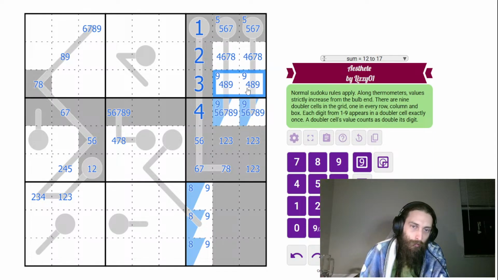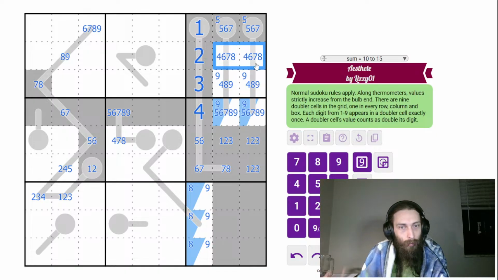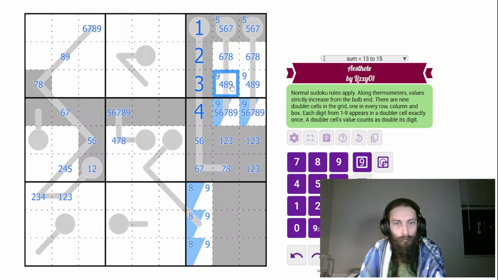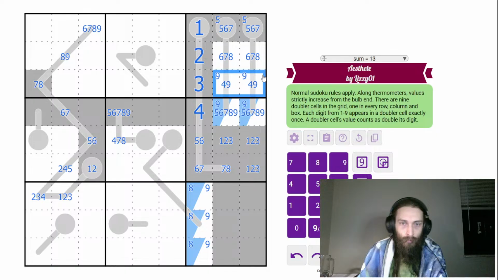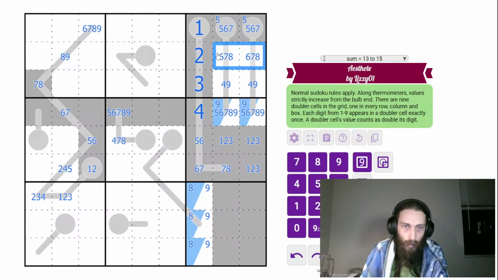We cannot put the 4 in box 3 before the 9. Right. And it obviously can't be before the 8 either. So this has to be 4, 9. So we get 8 here with 6, 7. Right, so that's a 9 in box 1.